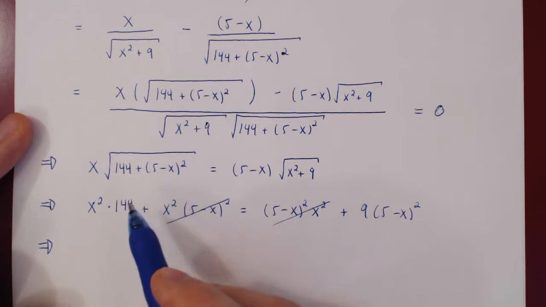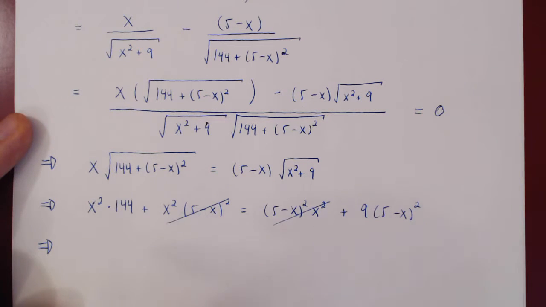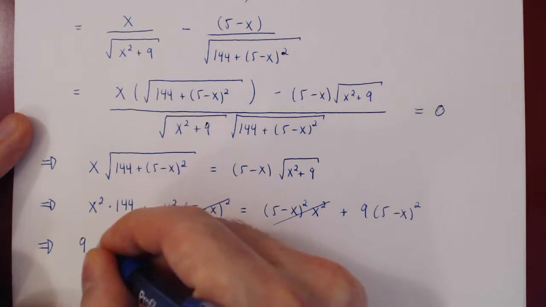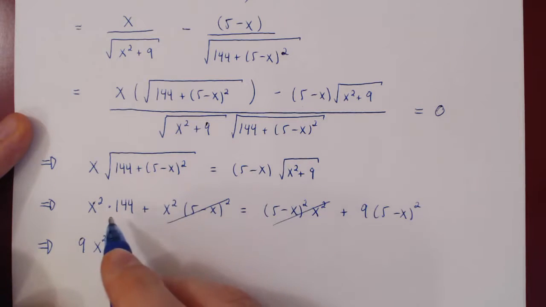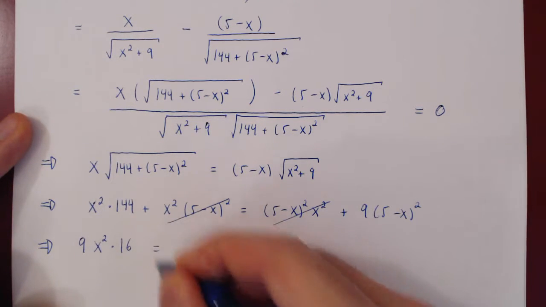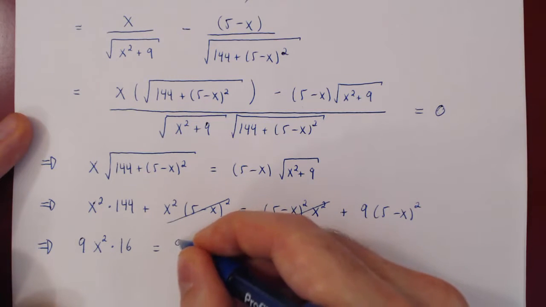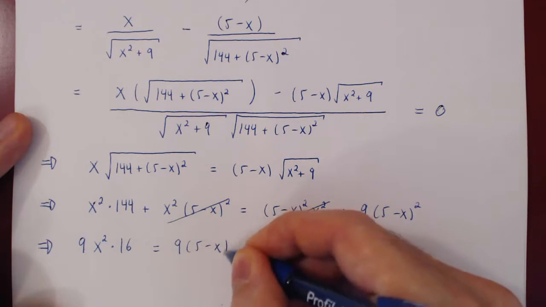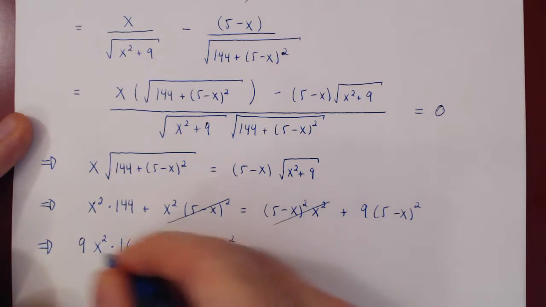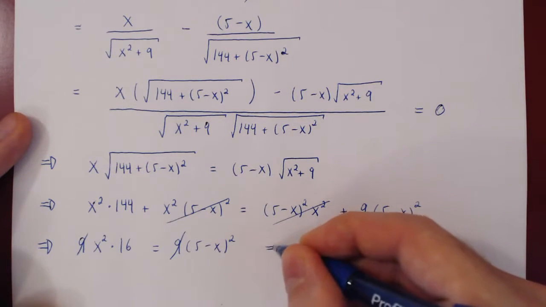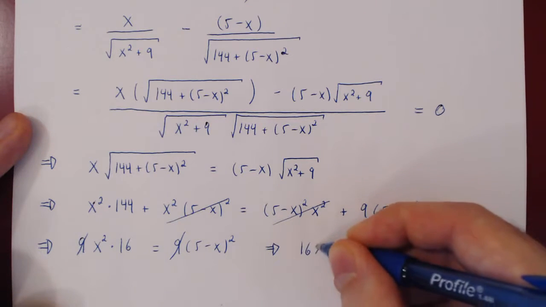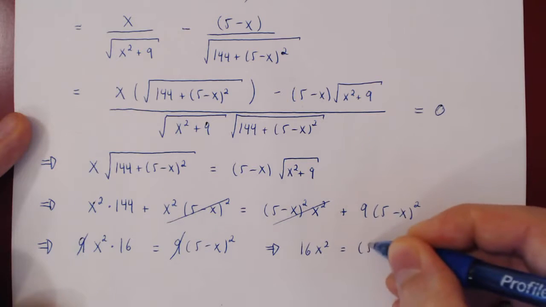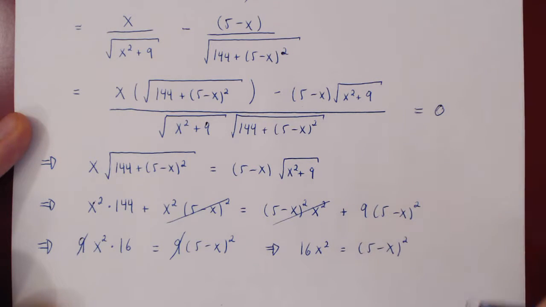So we have 3 times 4 times 3 times 4. It is 9 times 16. So we have 9 times 16 x squared equals 9 times 5 minus x squared. You can cancel a 9, and so you're left with, quite simply, 16x squared equals 5 minus x squared.